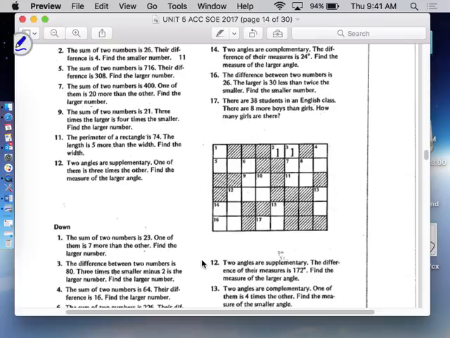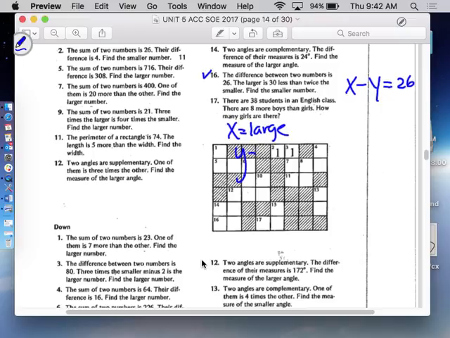Okay, let's look at 16, because in 16 they have the numbers and they're saying that one number is larger than the other and you need to take that into account during the setup process. The difference between two numbers is 26. Difference implies subtraction. For the sake of assumption, I'm going to assume that X is the larger number.